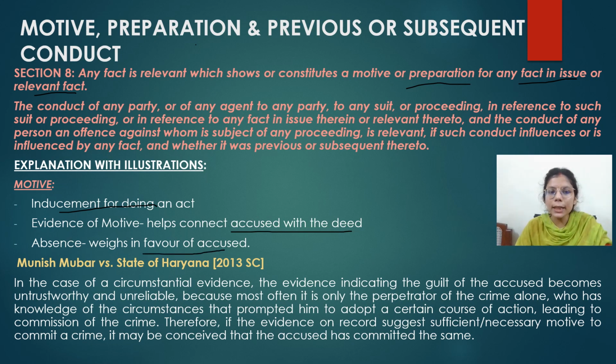There's this leading case of Munish Mubar versus State of Haryana, 2013, in which motive was held to be an important aspect in case of a relevant fact in case of circumstantial evidence, because motive actually highlights the guilt of the accused.